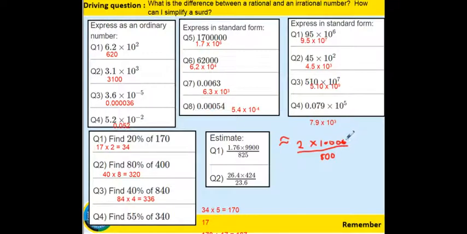That would give us 20,000 divided by 800. Cancel out the zeros. Cancel, cancel, cancel, cancel. 200 over 8 is the same as 100 over 4, which is 25.